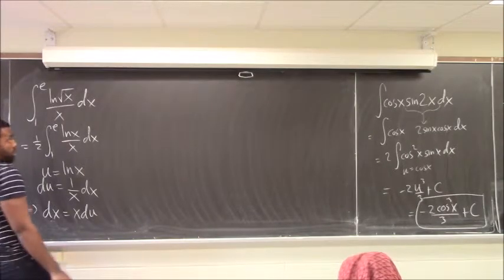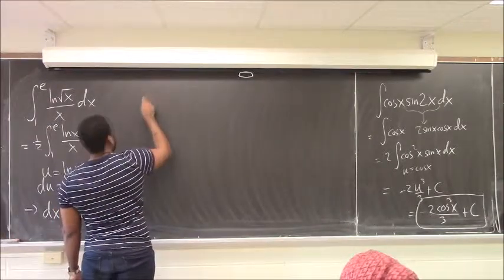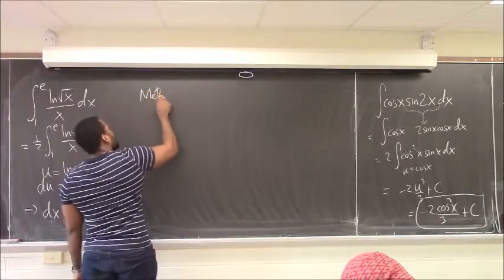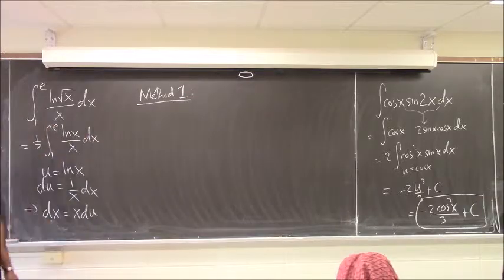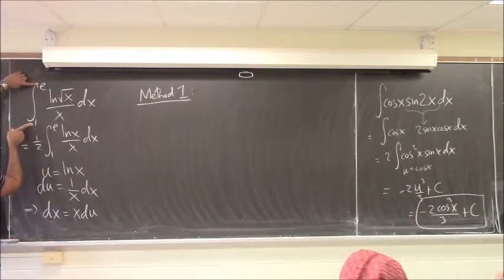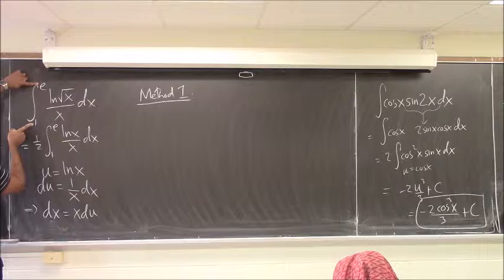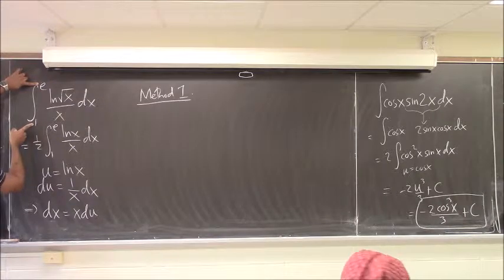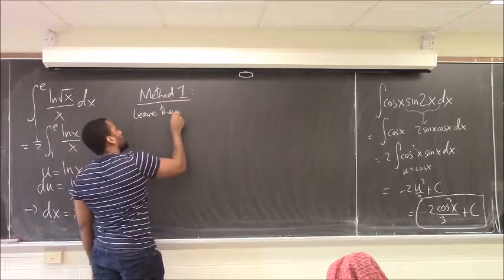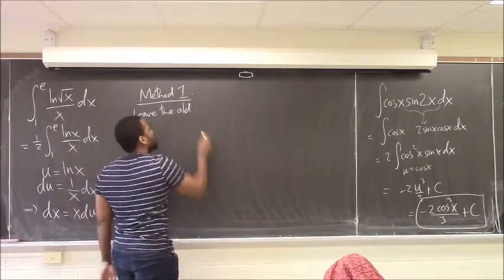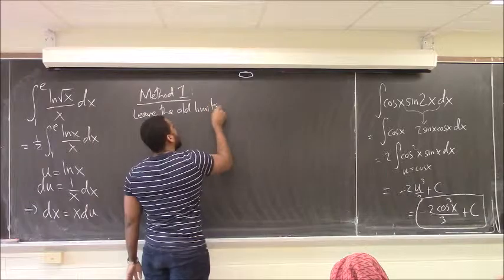So from this point on, I'm going to split this into 2 possibilities. Here's method 1. And talking about methods because we're doing actually a definite integral. So method 1 is to actually leave the old limits. I'll tell you how you want to write that down.